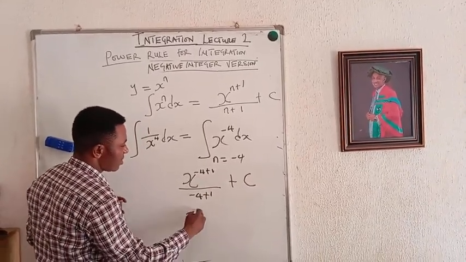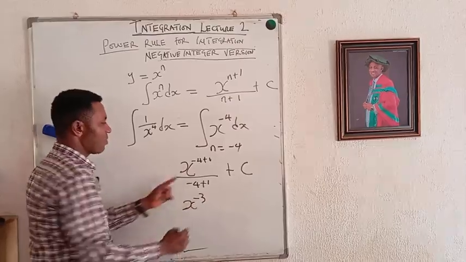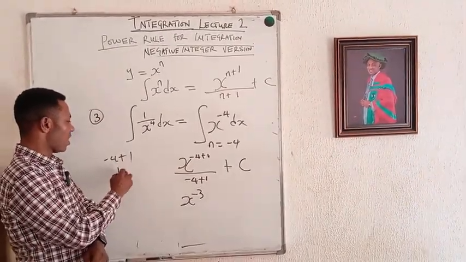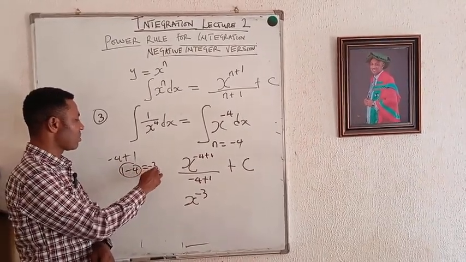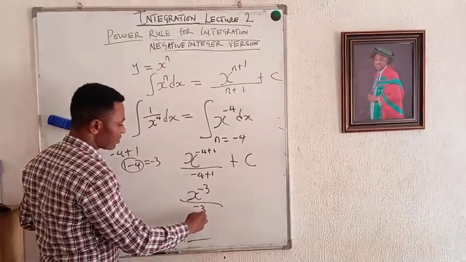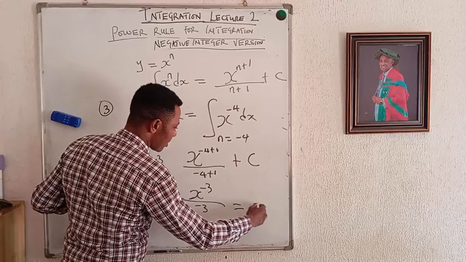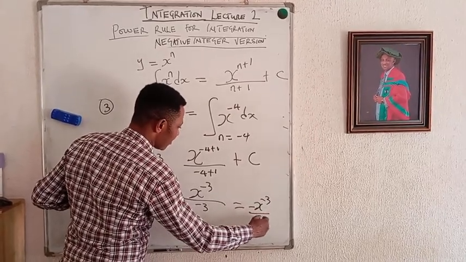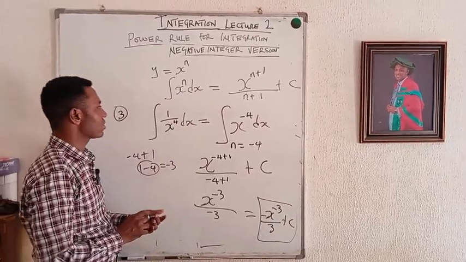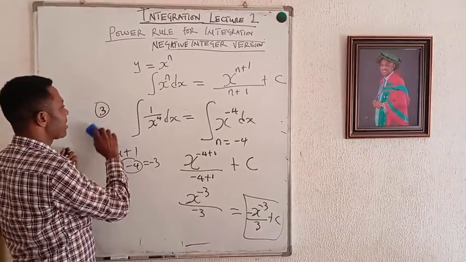Now x minus 4 plus 1 is minus 3, and minus 4 plus 1 is minus 3. So we can write this as minus x power minus 3 over 3 plus c, where c is the constant of integration.